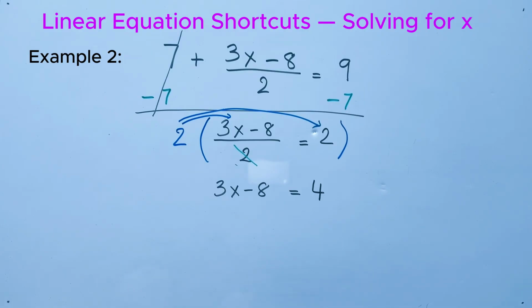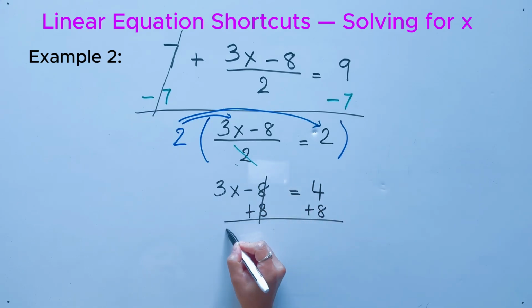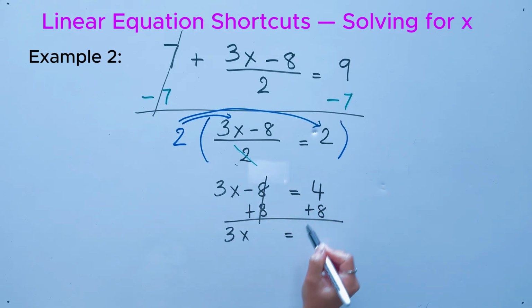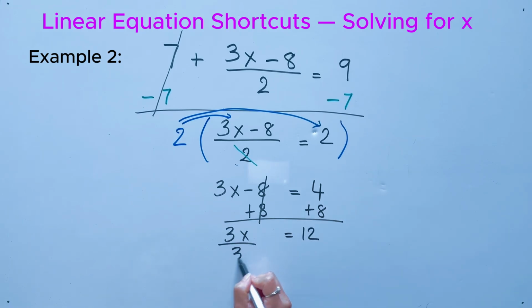Now we want to solve for x, so add 8 to both sides. 3x equals 4 plus 8 is 12. Divide both sides by 3. So x equals 4.